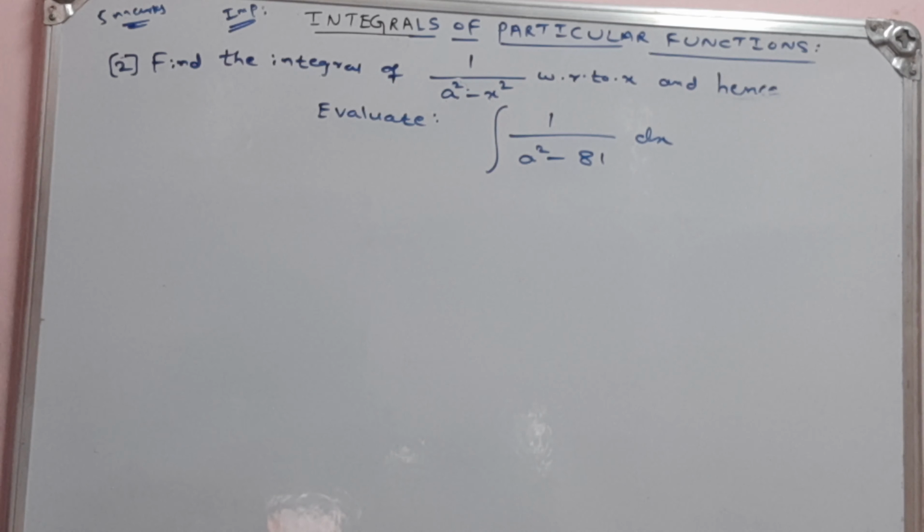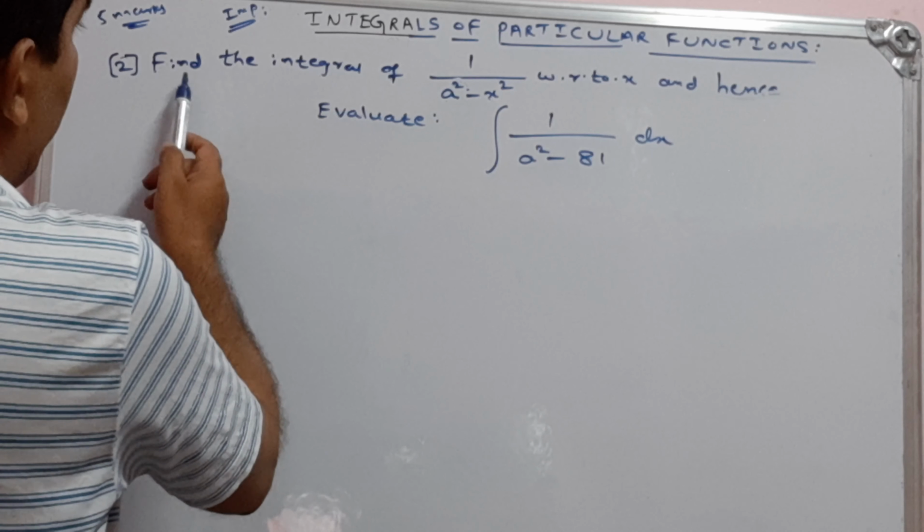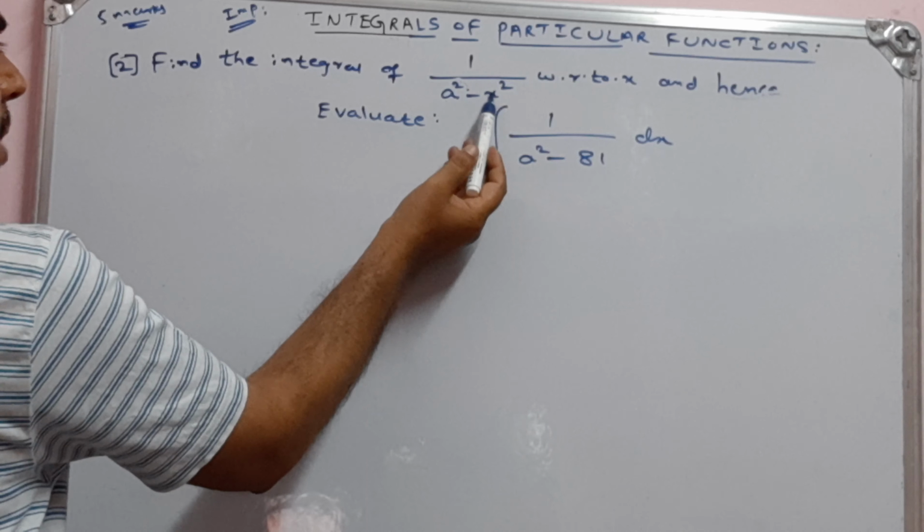So let me go for another result. Observe carefully, this is the second result which I am going to proceed with. Find the integral of 1 by a square minus x square. So here the terms are interchanged, a square minus x square.